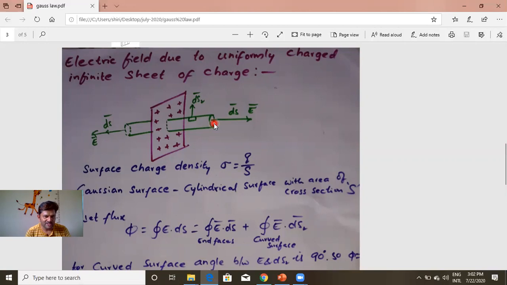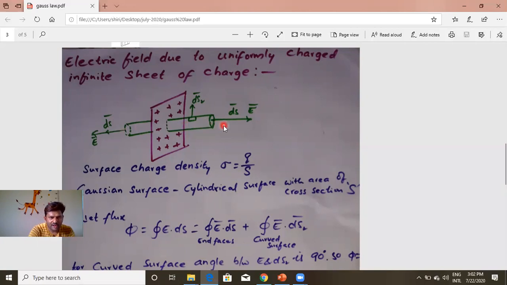Why? We'll see why. Suppose here we need to calculate the electric field intensity. For that, I am considering a cylinder like this, on both sides, as shown in the figure.